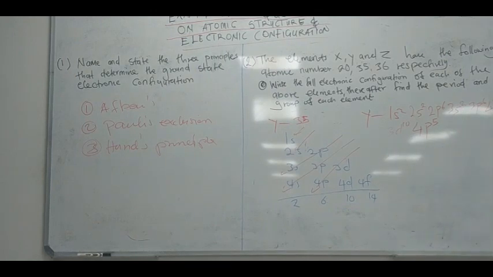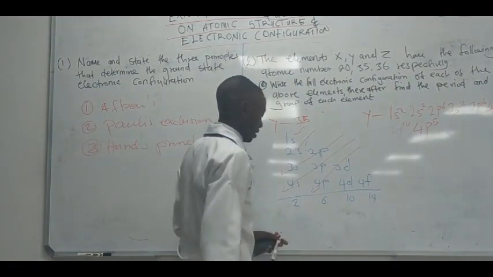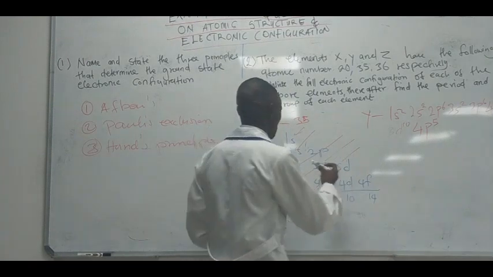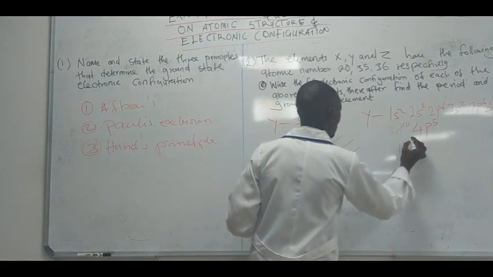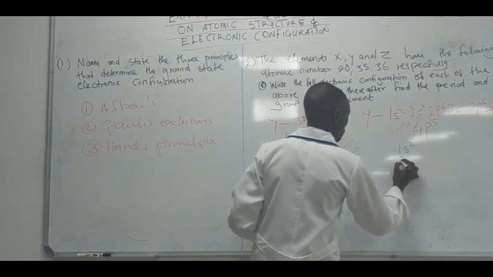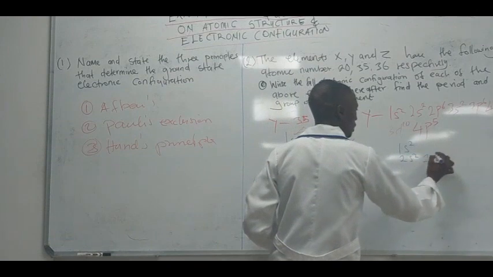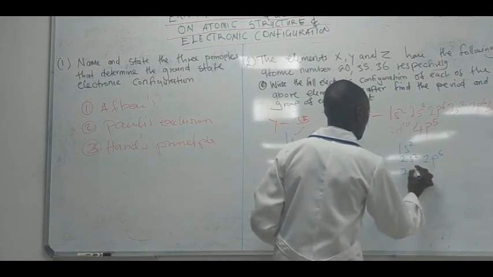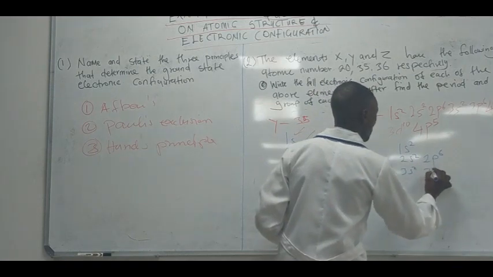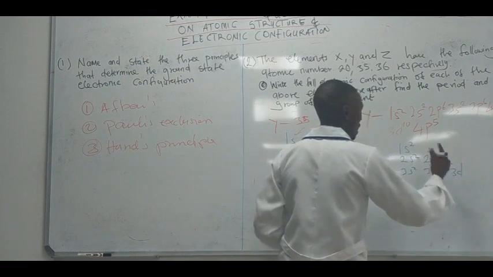Okay, as we said, let us present this information in this manner. So I have 1s2, 2s2, 2p6, 3s2, 3p6, 3d.